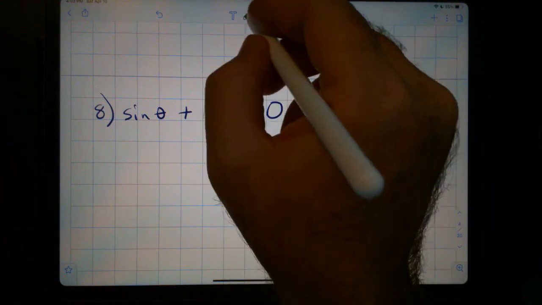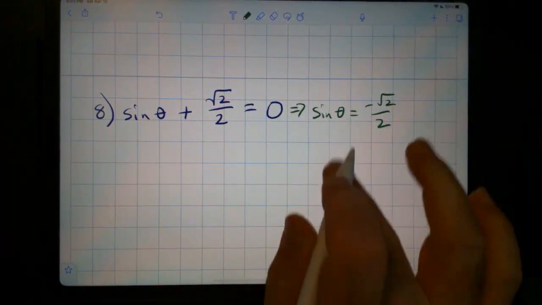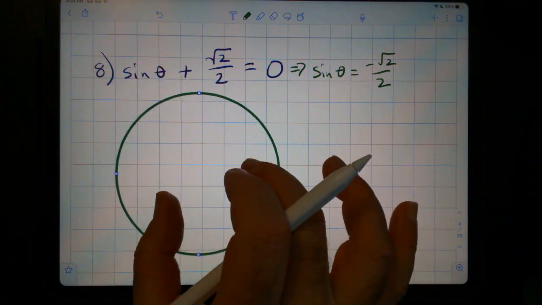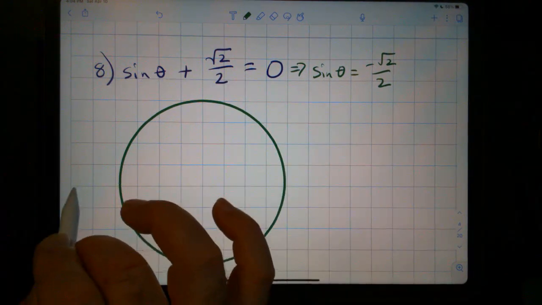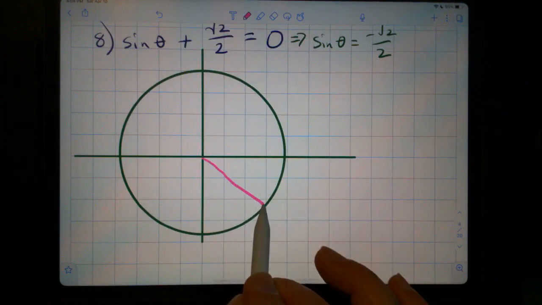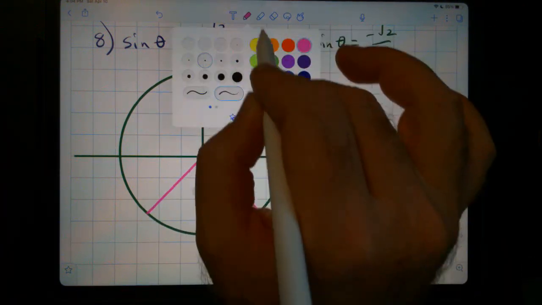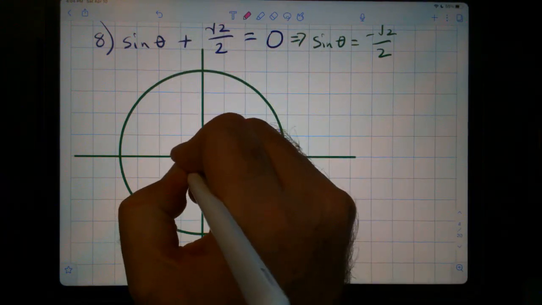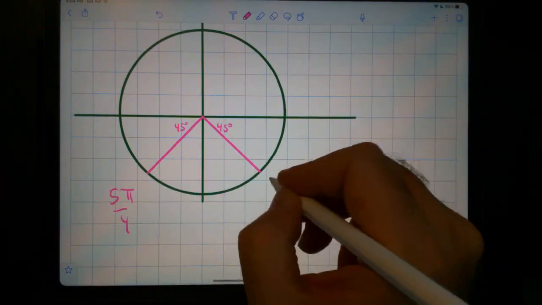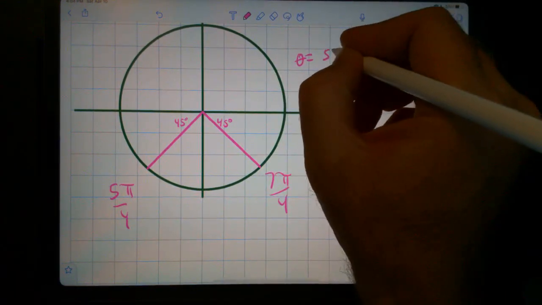So here we want all of the solutions. Okay, this is the same thing as, and again, if we drew the diagram, so we have theta is equal to 5 pi over 4.